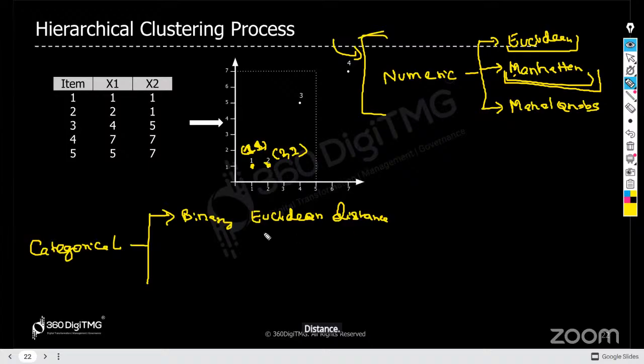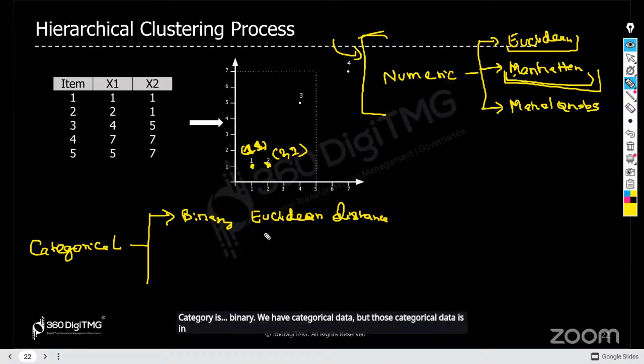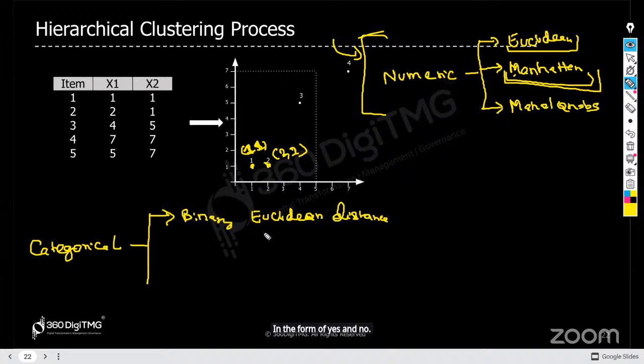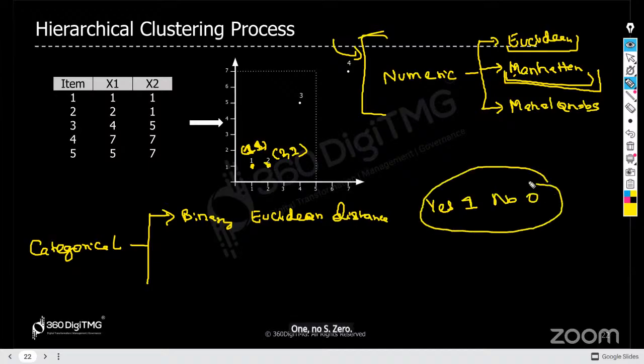Now let's suppose the category is binary. We have categorical data, but it is in binary form, in the form of yes and no. You can consider yes as 1, no as 0, and use this binary Euclidean distance to proceed further.